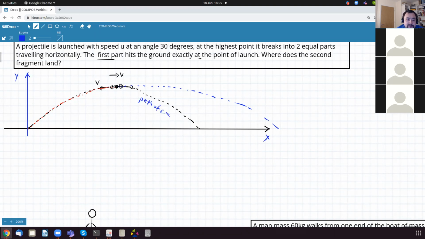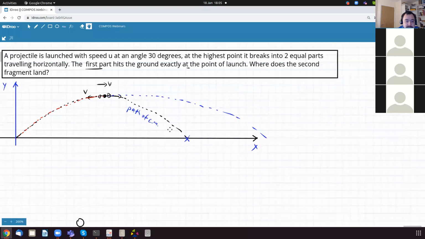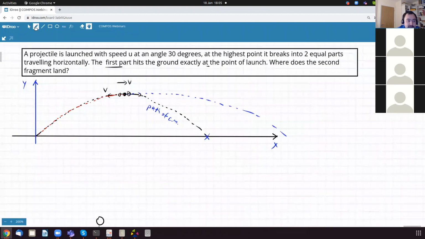And that makes the problem super easy, because if the center of mass is here and we have 2 equal parts, and the first part is here at 0, let's say the center of mass is at a distance L, where will the second part land?